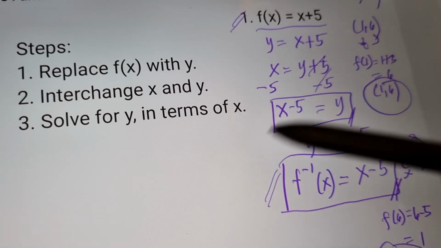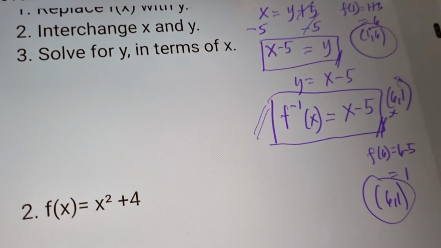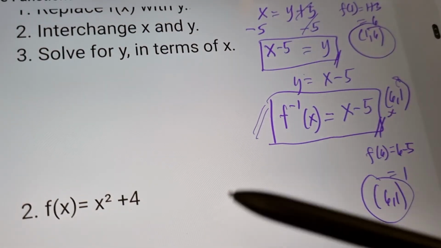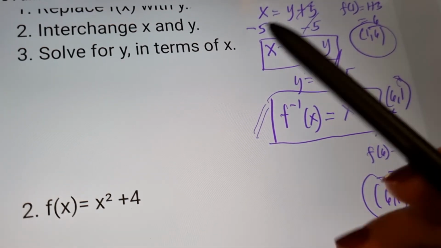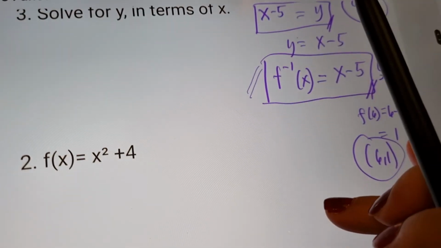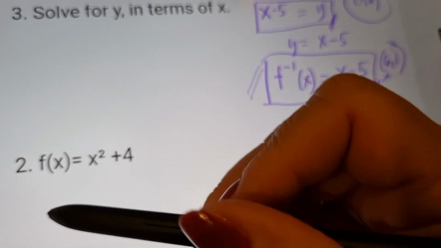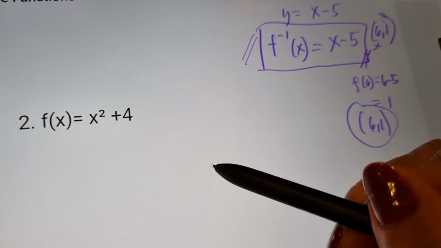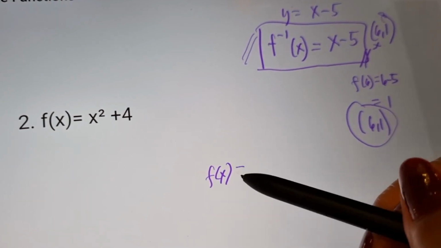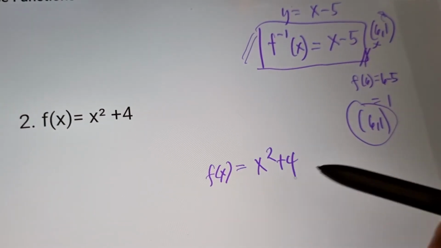Okay, now here we have number 2. We have f of x is equal to x squared plus 4. First step, f of x is equal to x squared plus 4.